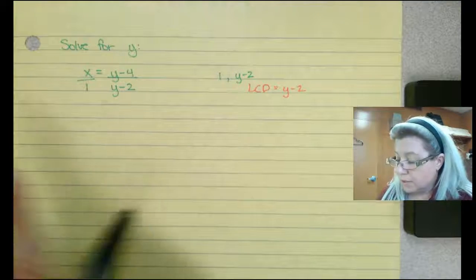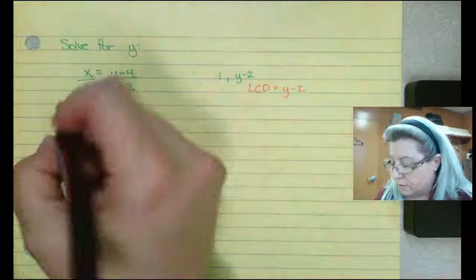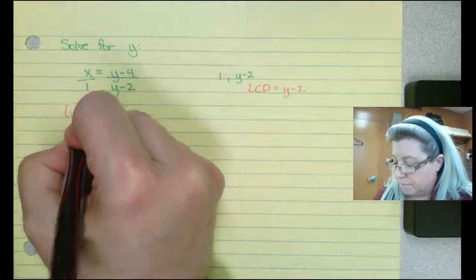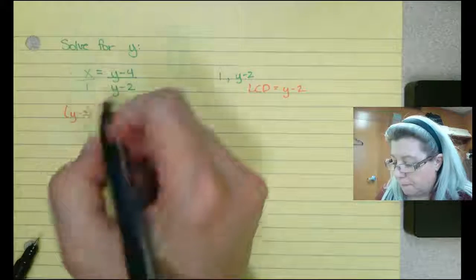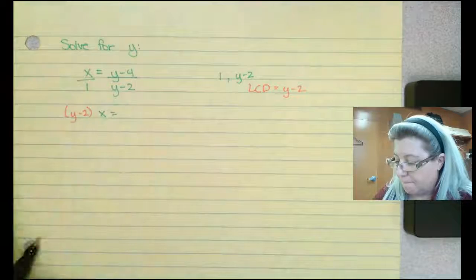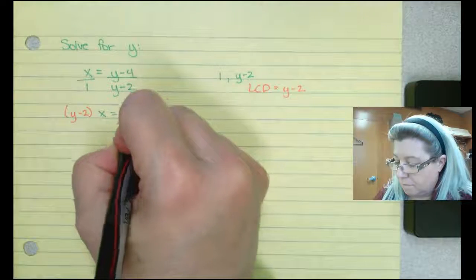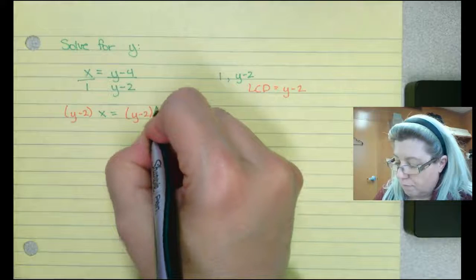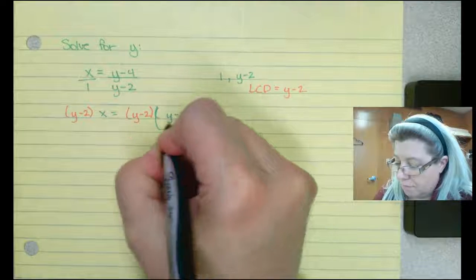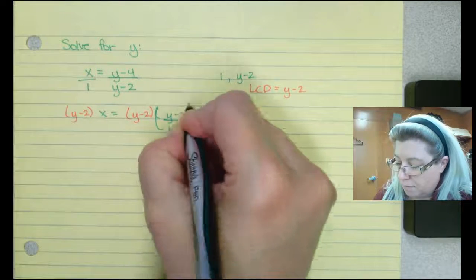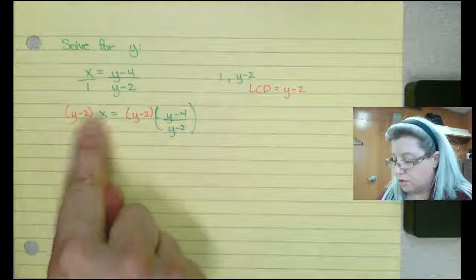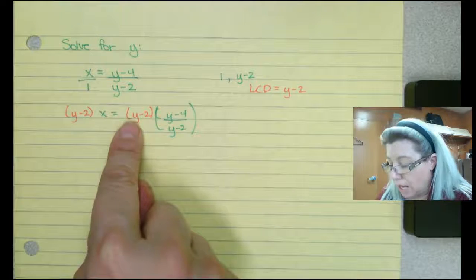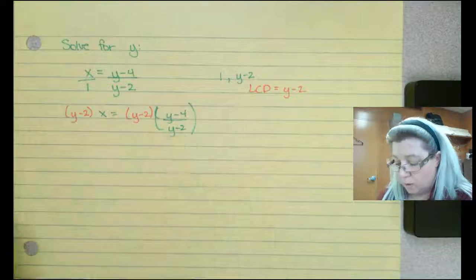I'm going to multiply both sides by y minus 2. Y minus 2 times x equals y minus 2 times y minus 4 over y minus 2.